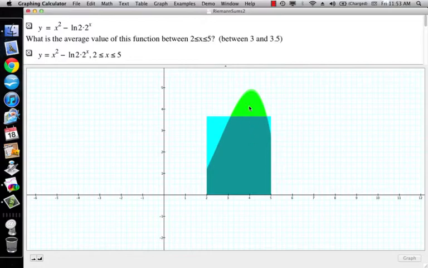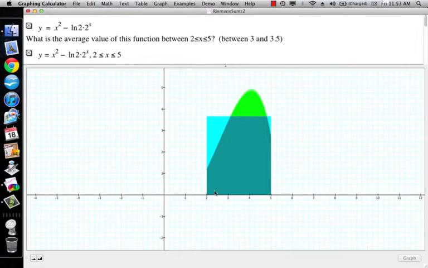What I've done is the green is, so here you see the green poking out. It's got the blue in front of it, but it's behind there, and then it pokes out. And that green, we took the integral from 2 to 5, and we did it both numerically and analytically, although I didn't really show all my steps. And we found that that green has an area of 11.